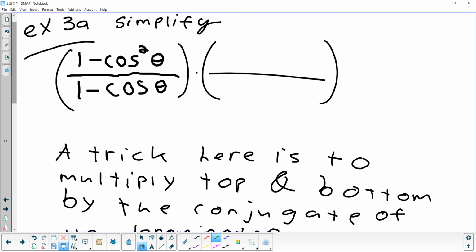We're going to leave that. Remember, we're just going to use the conjugate. Yep, 1 plus cosine. Remember, the conjugate is when you change the sign of what's in the middle. So in this case, it's 1 minus cosine. Let's multiply by 1 plus cosine, and same thing on the top.